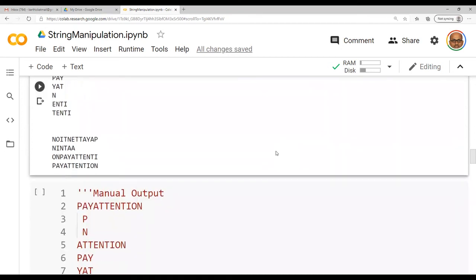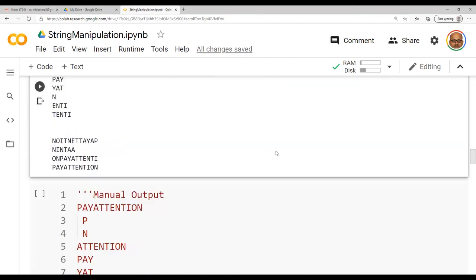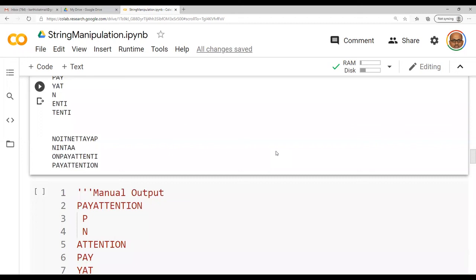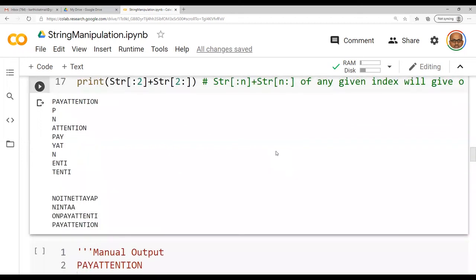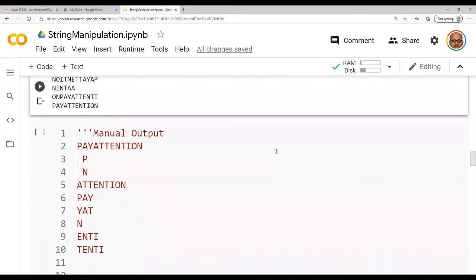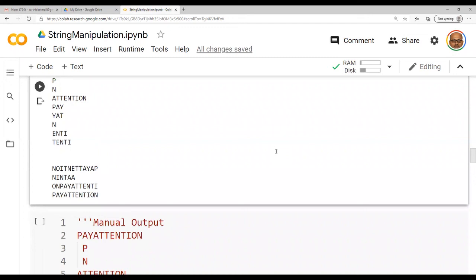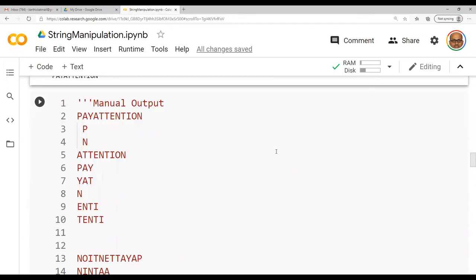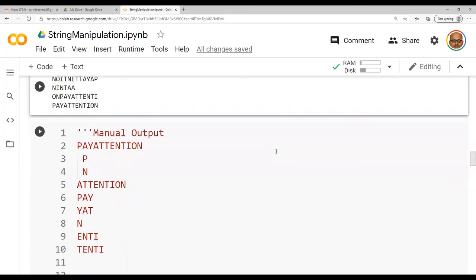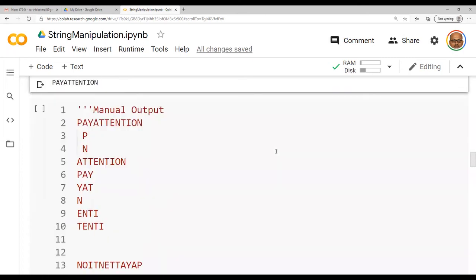So now let us check. First one is pay attention. It is there. PNP, it is also there. Attention is there. Yes. Pay YAT is there. Then NENTI TENTI is there. 2 blank spaces we are having. No int. Same answer we are having.